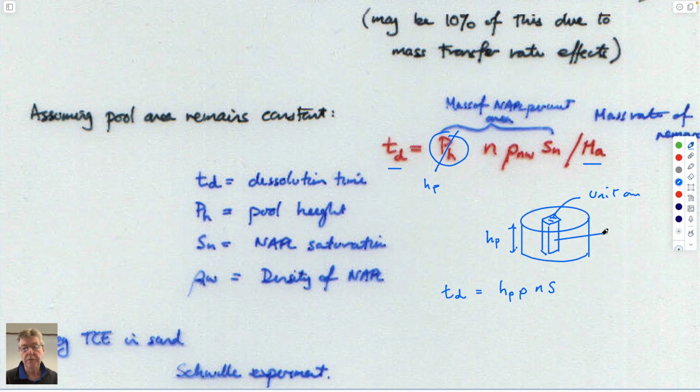So the volume of this column is equal to HP times 1 times 1. And so the volume of the NAPL is equal to volume times porosity times solubility. Not solubility, saturation. Right.